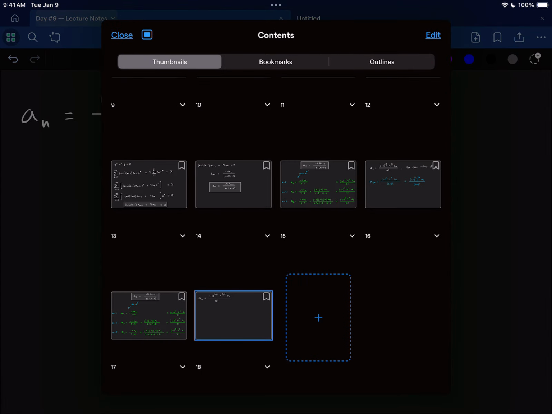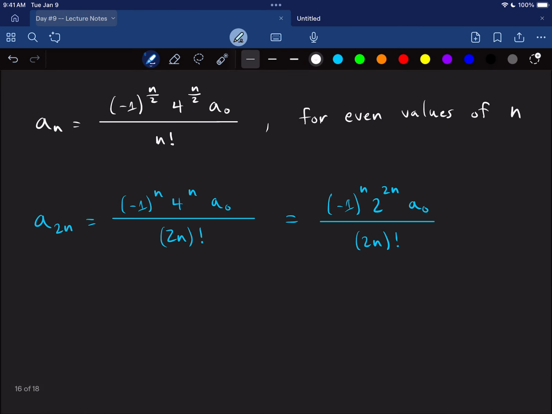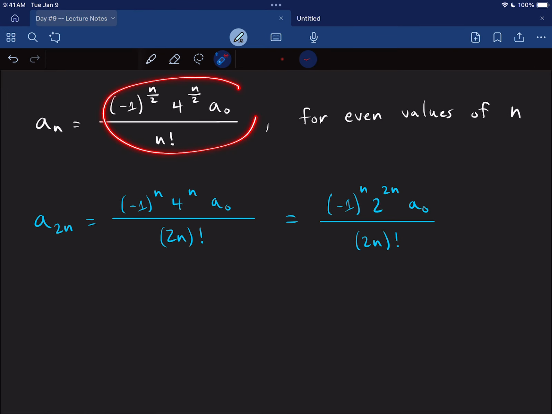Honestly, if I go back here, these should look nearly identical. That right there, nearly identical to what I just wrote. It's just instead of n over 2, it's an n minus 1 over 2, for odd n only.